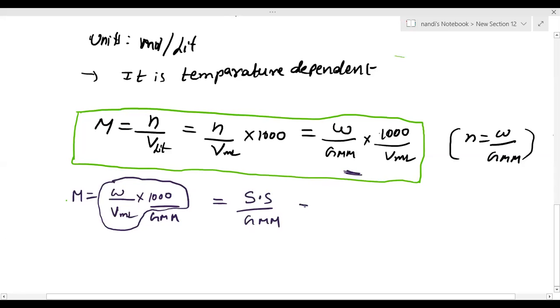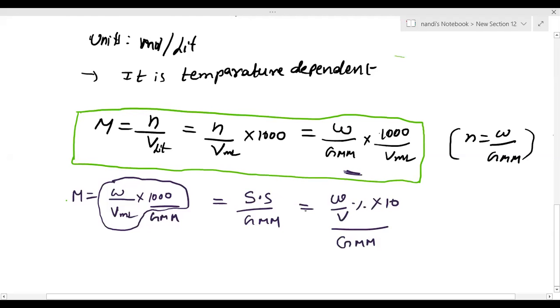I hope you know the strength of solution formulas in terms of W by V percent and in terms of W by W percent. Now only I gave it, please check it. Strength of solution in terms of W by V percent is W by V percent into 10. Anyway, gram molecular weight is common.